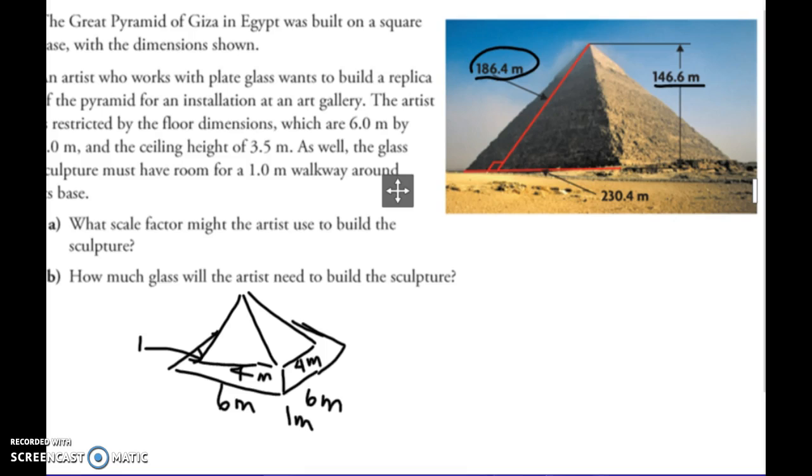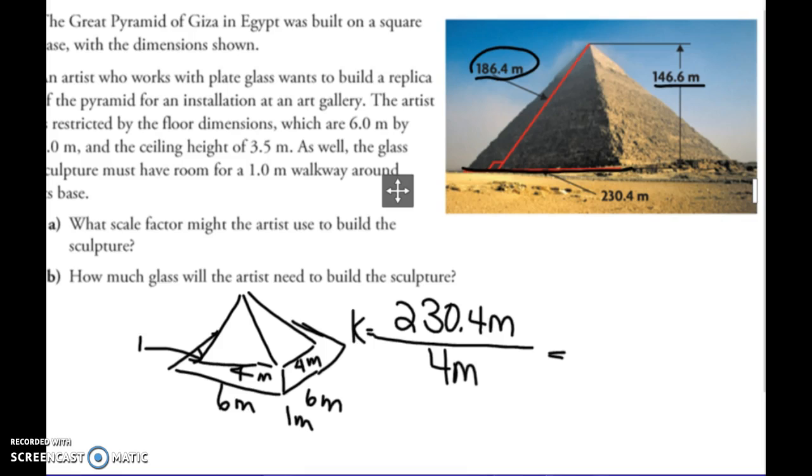Okay? So if we know the original length is 230.4 meters, we divide that by the diagram, which is going to be 4 meters, then we get a scale of 57.6.